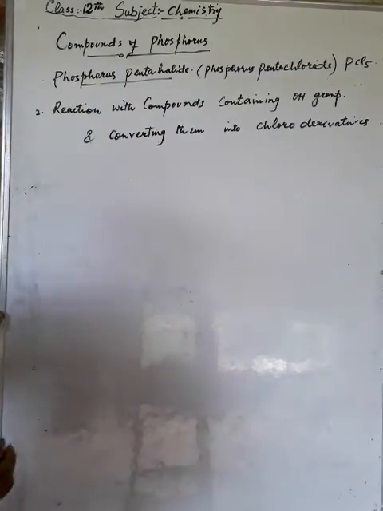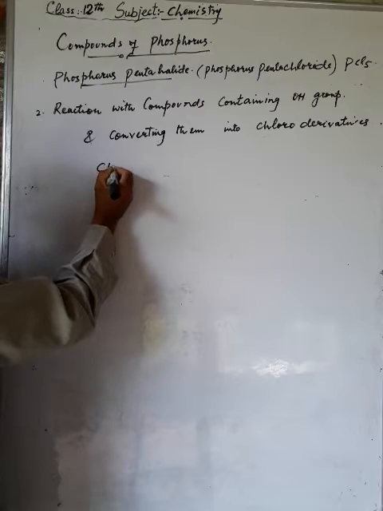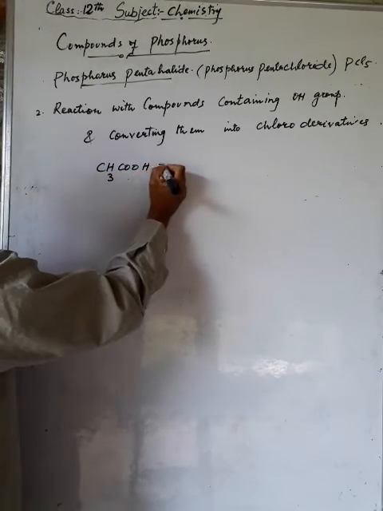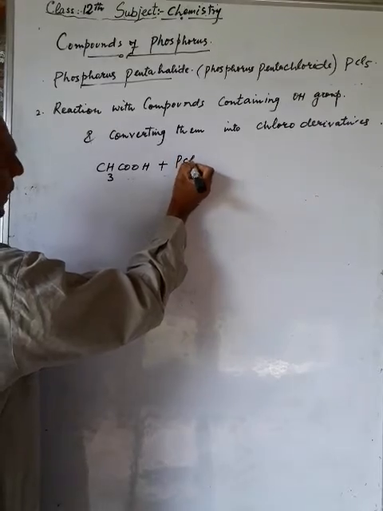For example, we will take CH3COOH, acetic acid, plus PCl5.